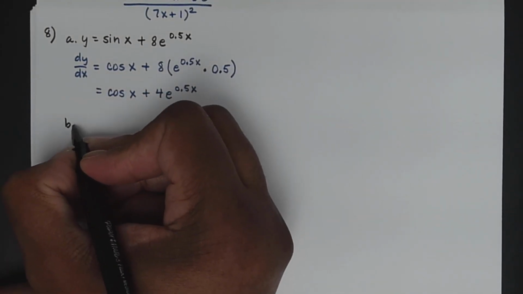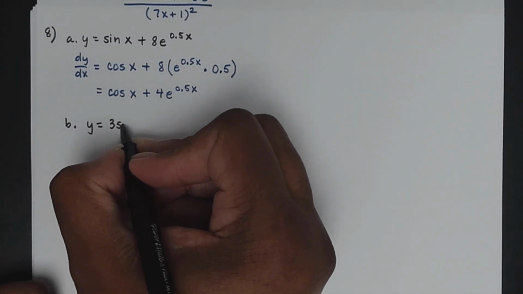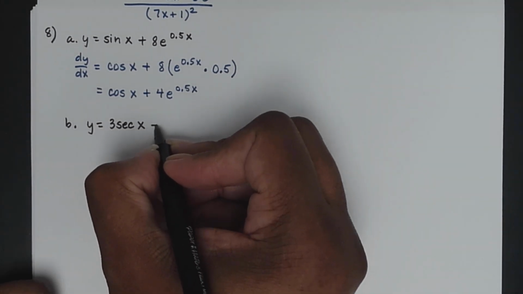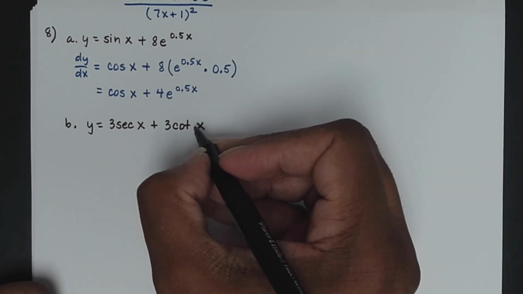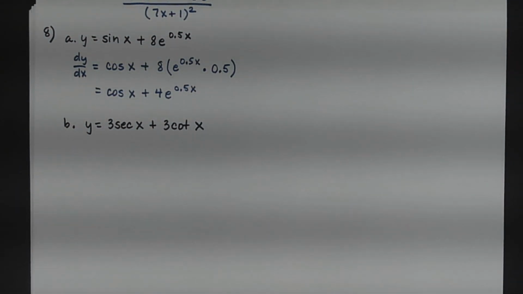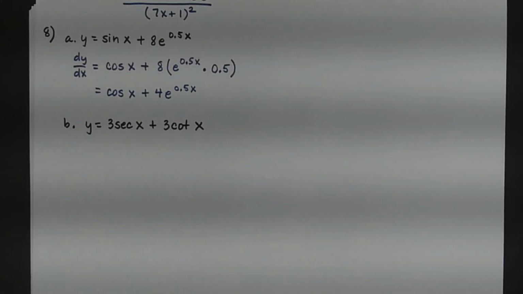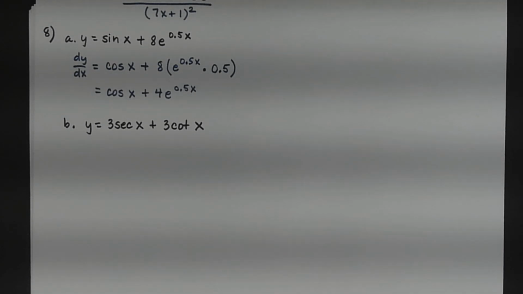Part B says this. We have y equals 3 secant of x plus 3 cotangent of x. And we want to find out what the derivative of that equation would be.